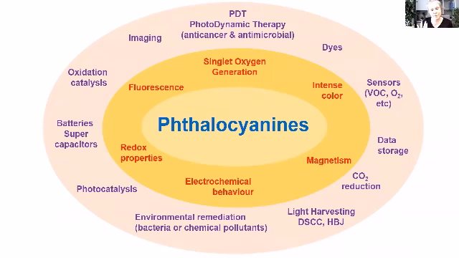The first, of course, coming to mind because of the intense color is the use as dyes. It can be printers, essentially. They are also widely used in PDT, which is my main core of research, imaging, also as catalysts in energy topics, which I am not dealing with that much.